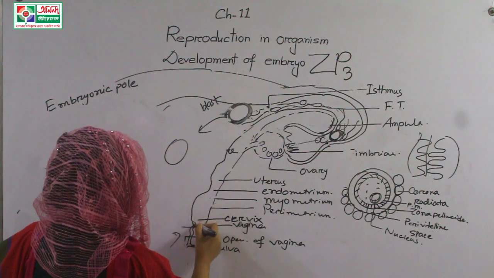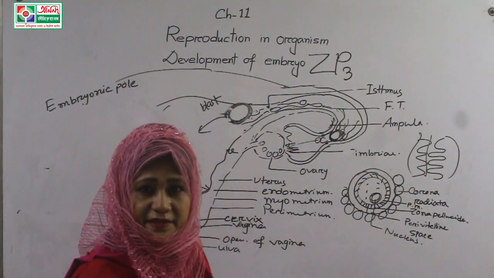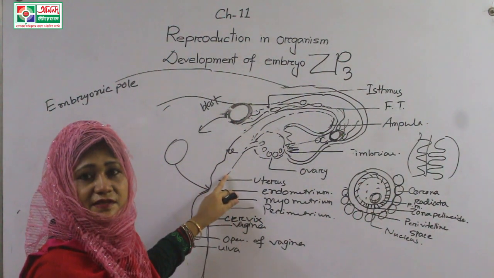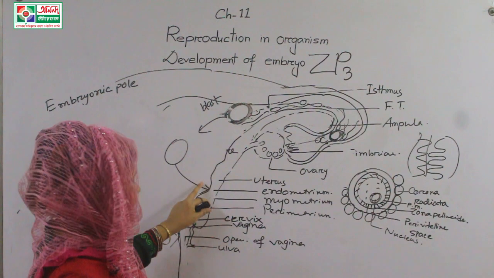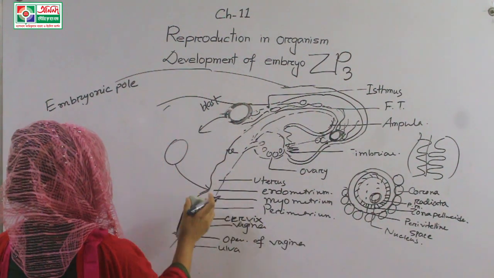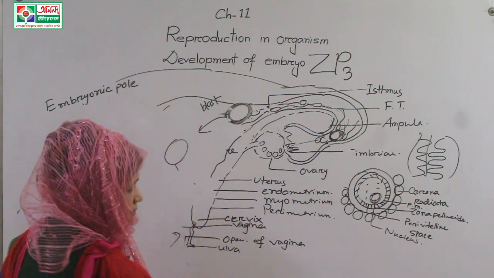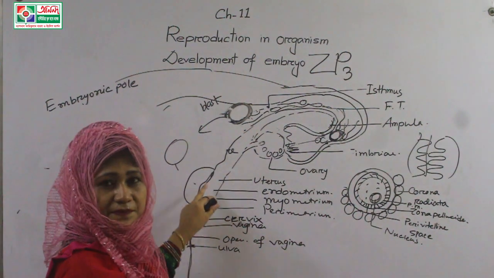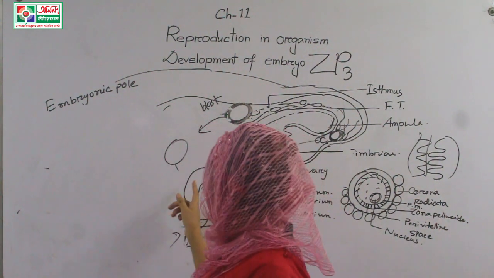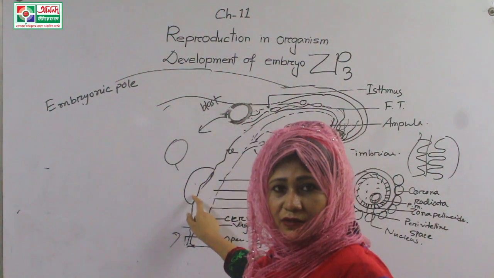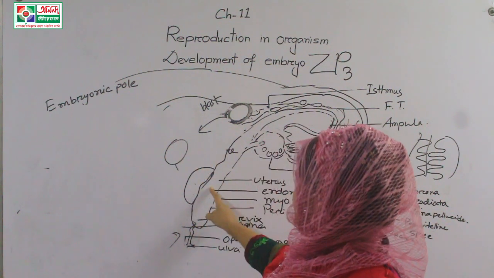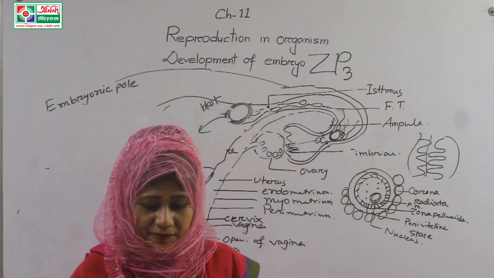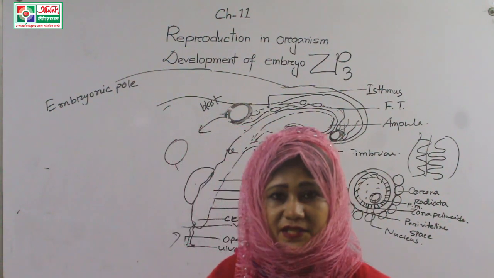Now it goes inside the wall of the body of the uterus, and it becomes attached with this structure. It attaches with the wall of the body of the uterus. So, can you say the process? The name of the process is implantation.